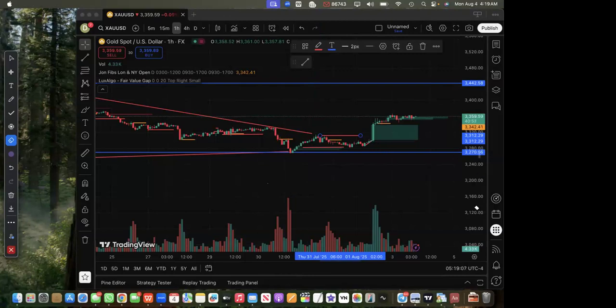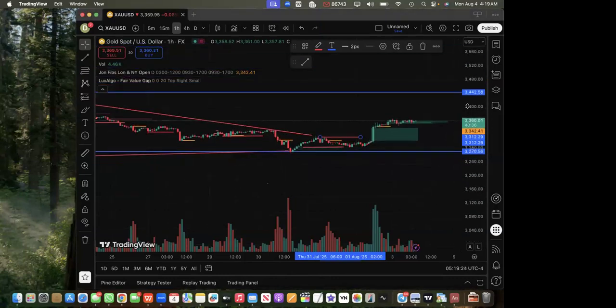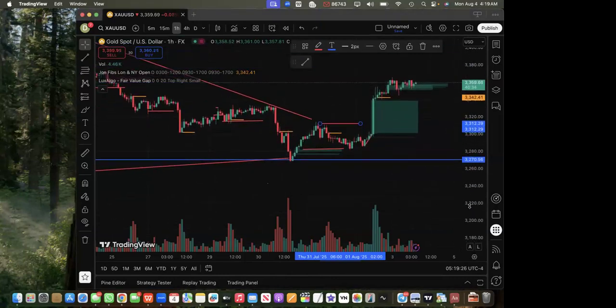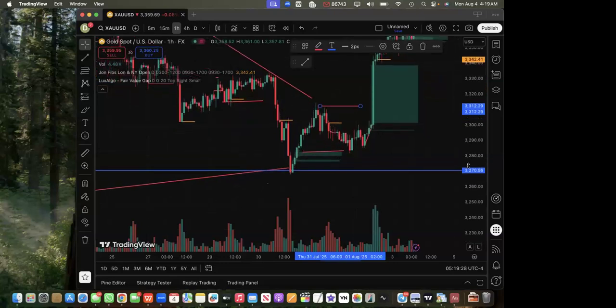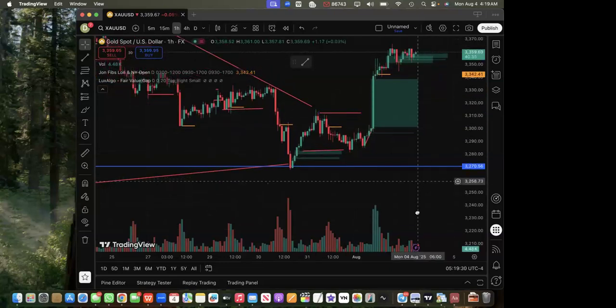So now we're here on the 1 hour time frame. And you can see the view has changed again. Let me get this off. Okay, the view has changed again. So now we have a clear understanding of where the market is now.